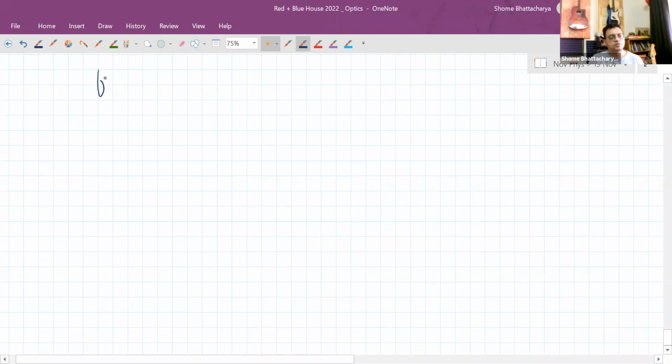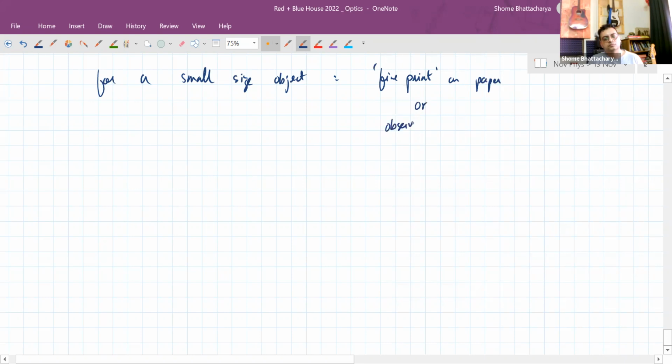Actually, before that, understand that for a very small object, like when we are observing fine print on paper, or something microscopic like a dust particle, the size of the object is comparatively small.